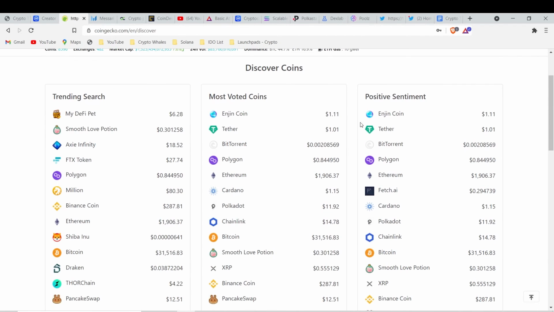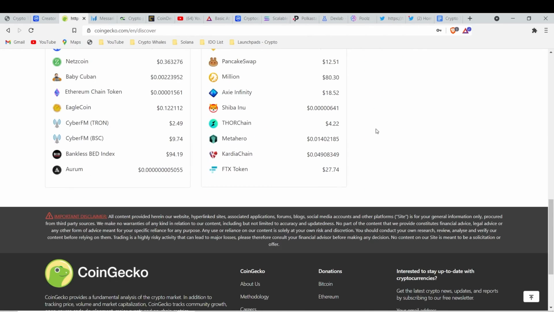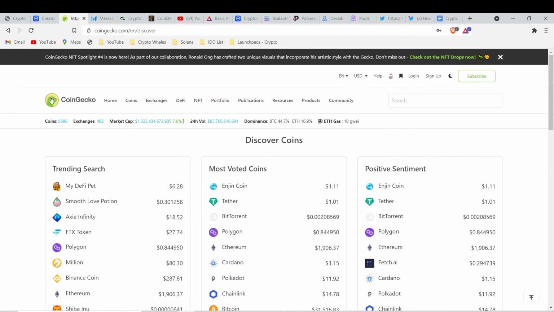It gives you another perspective, right, in terms of what people are actually looking at. Given that CoinMarketCap and CoinGecko are probably the two biggest market data platforms that are being used, using these two platforms and discovering new coins or crypto projects might be a great one for you.